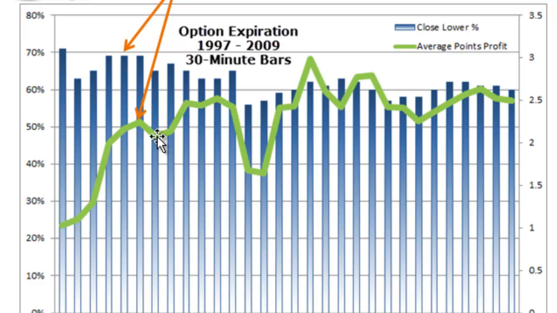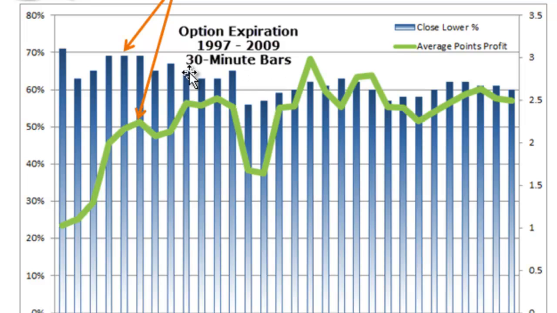First it goes down a little bit, then it goes up a little bit more, and then it goes down even more in the afternoon. And so what this is telling you is that you really don't want to hang on to the trade for very much longer. About 2.5 to 3 hours is about the maximum you want to hold on to the trade. And then there are some other stats that let you know about where the target and where the stop loss should be based on this if you want to use a target and a stop loss.